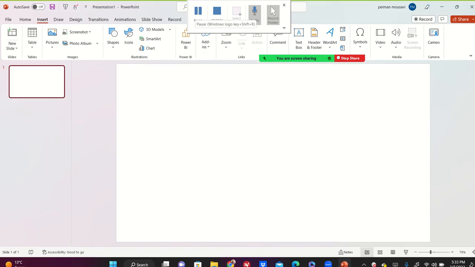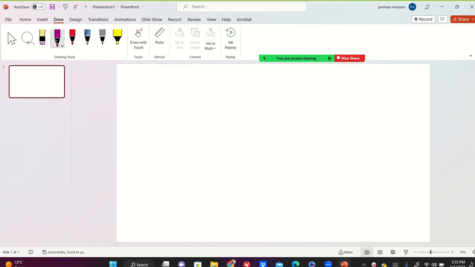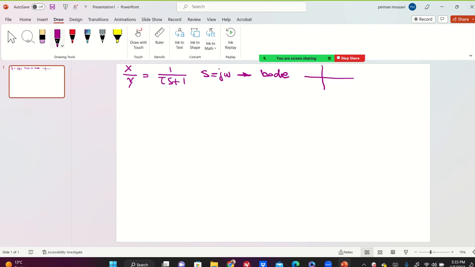Okay, so in the previous class, we had this transfer function of 1 over tau s plus 1, and we replaced s with j omega, and we plotted the Bode plot for that, and we saw that it's a low pass filter like this, right?